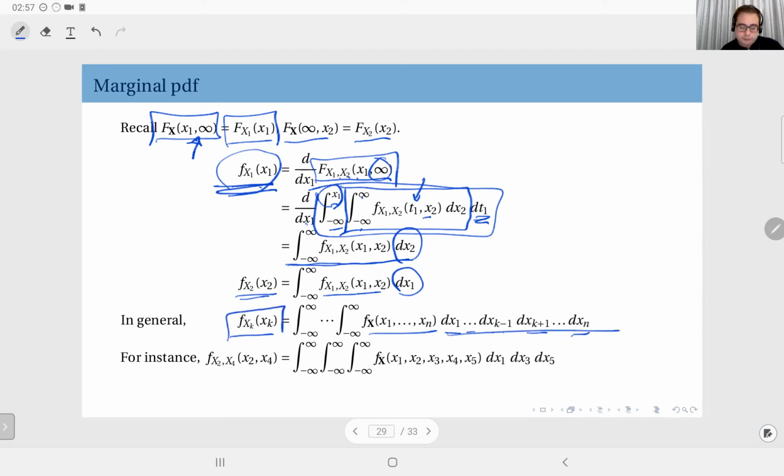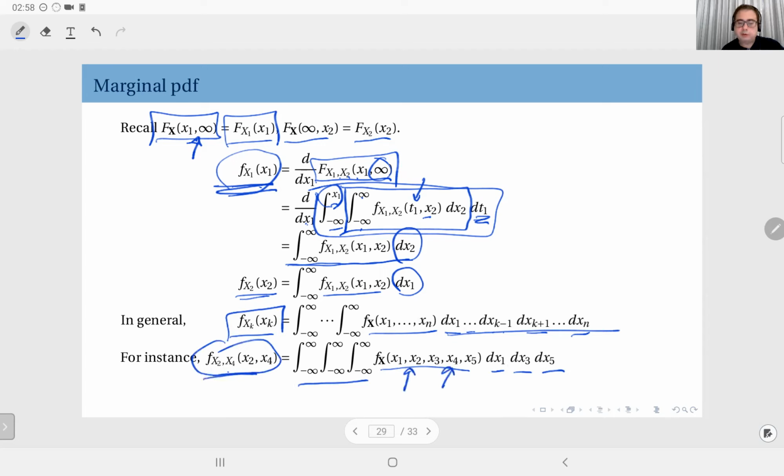For instance, let's assume we have a joint PDF of dimension 5. If I integrate this with respect to x1, x3, and x5, all of them ranging from minus infinity to infinity, what is remaining here is x2 and x4.